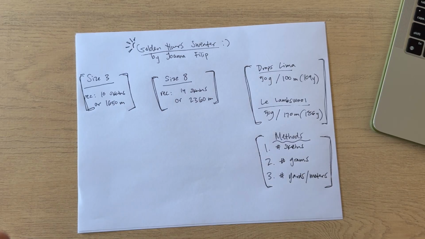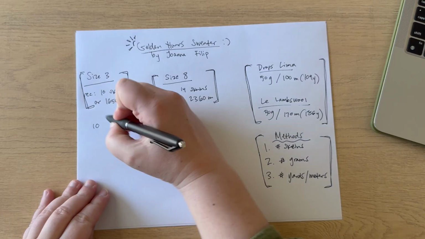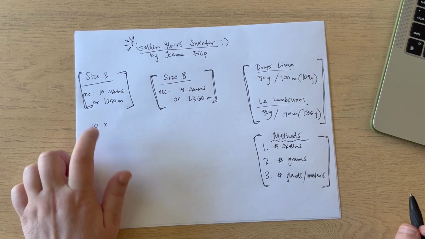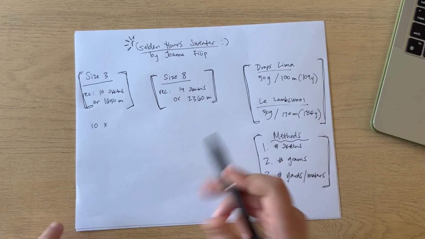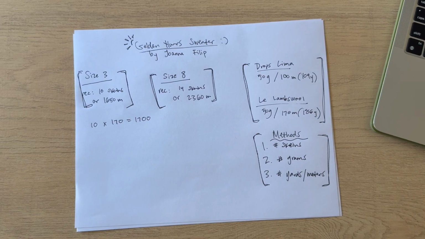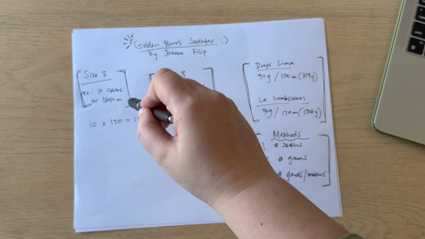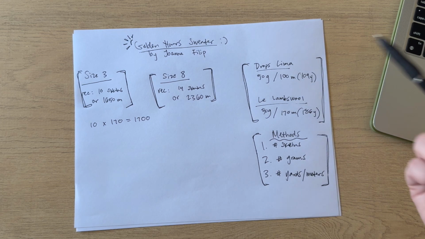So if they use, for size 3, 10 skeins, we basically need to multiply 10 by how many meters are in each skein. In this case, 170. Now that we know how many meters go into size 3, how do we figure out what we need for Drops Lima?